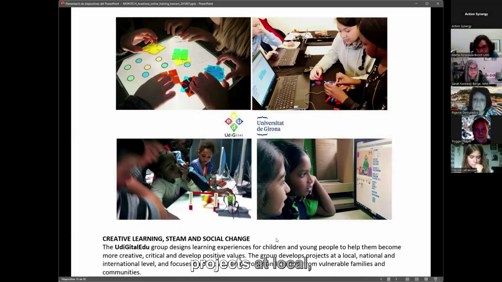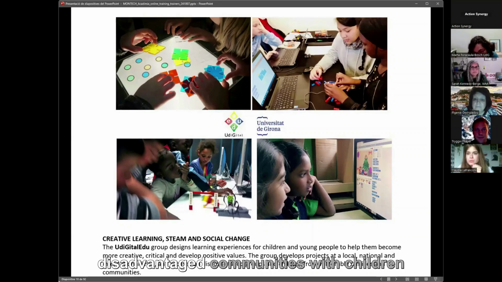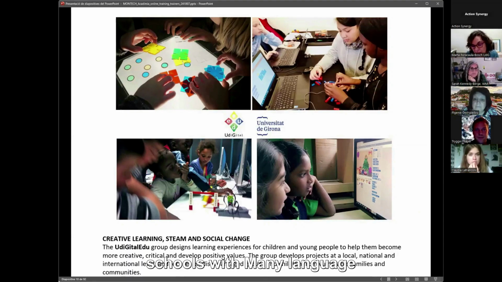And the group develops projects at local, national, international level, as you know, and we focus very much on the schools that help us, the schools where we try the projects, the schools where we learn from and we try to help also. Normally they are schools in disadvantaged communities with children from vulnerable families, from newcomers to a country, schools with many languages.